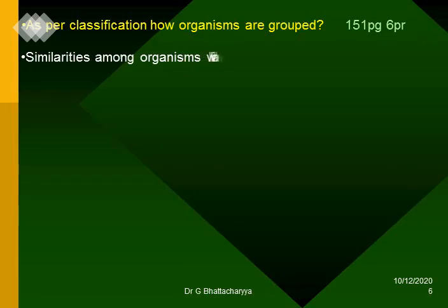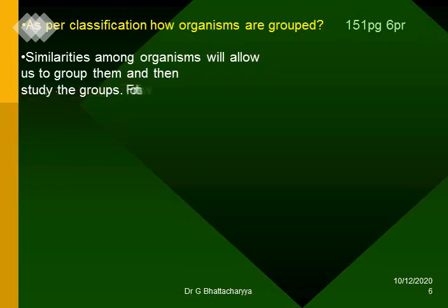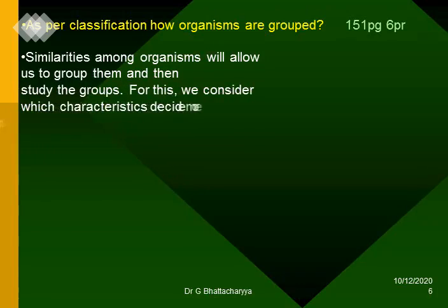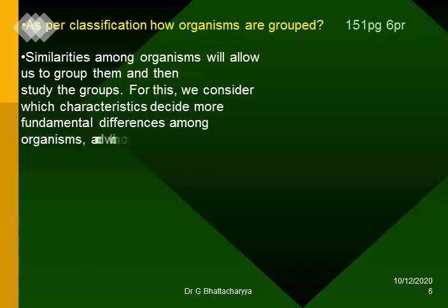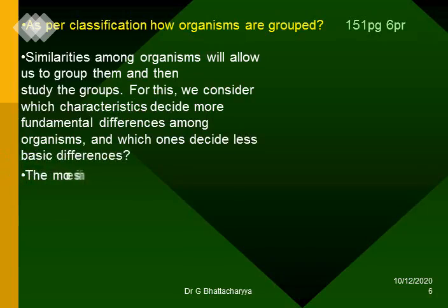As per classification, how are organisms grouped? Similarities among organisms will allow us to group them and then study the groups. For this, we consider which characteristics decide more fundamental differences among organisms and which ones decide less basic differences.